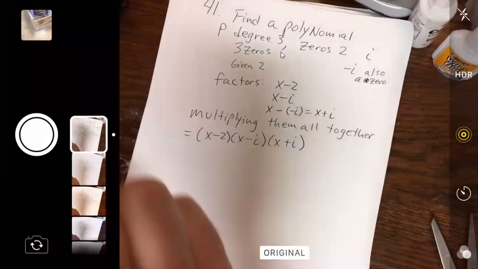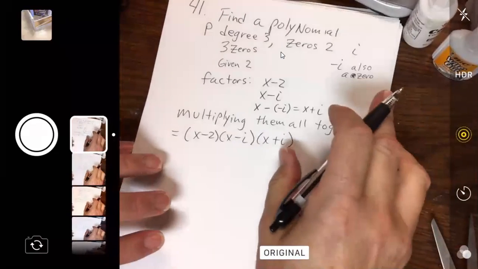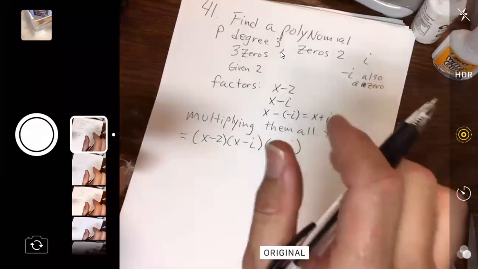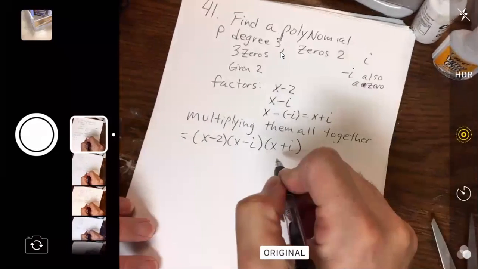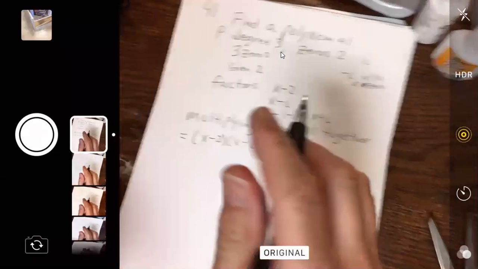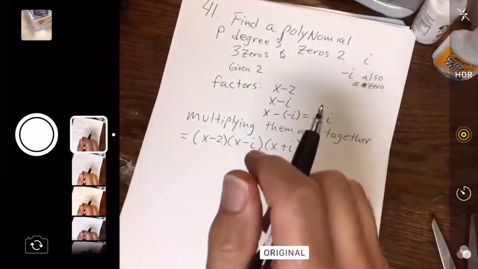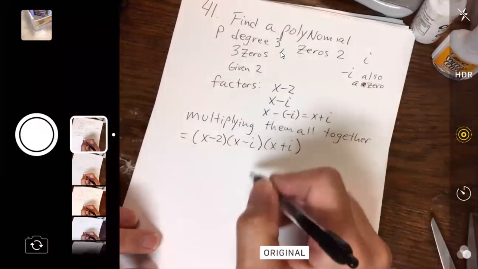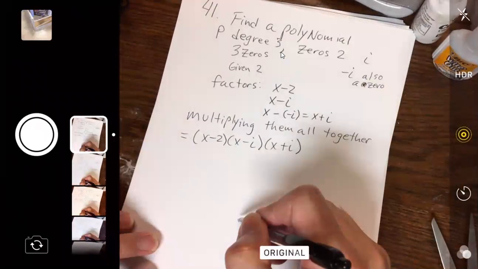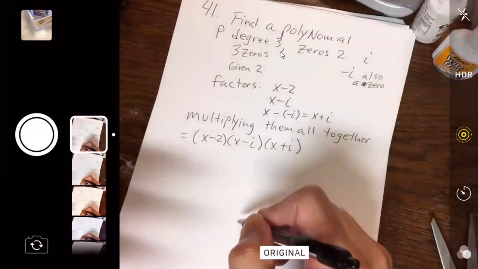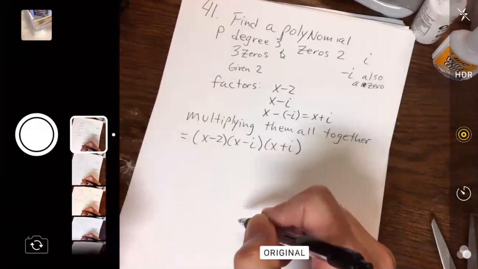Now, this is what I try to really emphasize. It's really not that hard foiling all this out, but people get confused, don't combine the pieces right or whatever, and wind up with an i in the final answer. If you do that, you're screwing up.